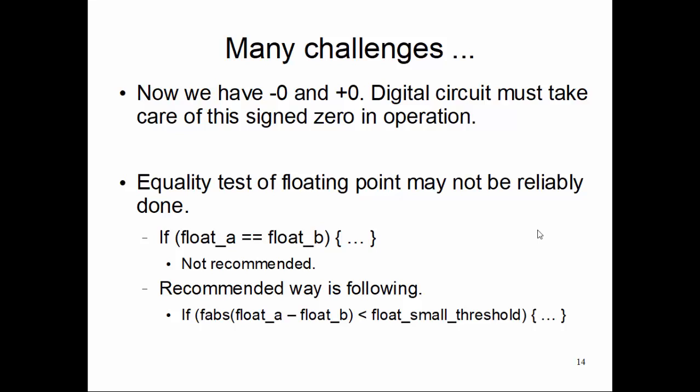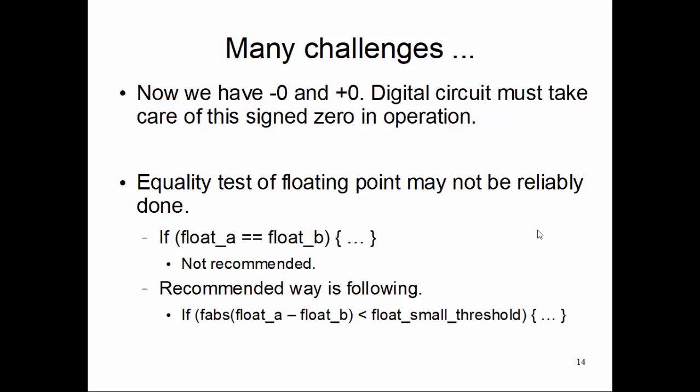If you do a cout of float A and float B, they will print the same value. Why? Because this printing also rounds the representation and prints certain values.